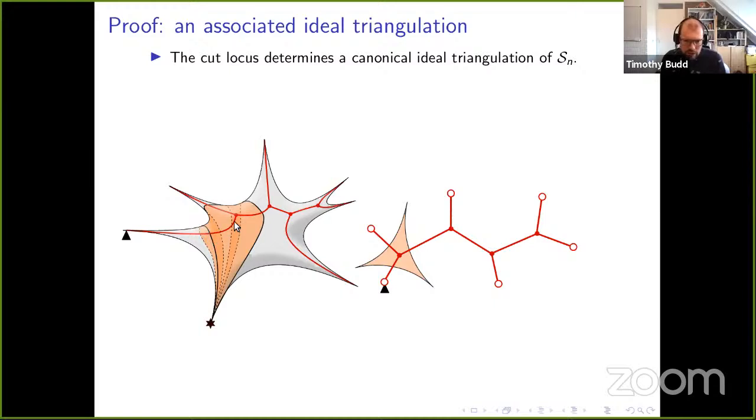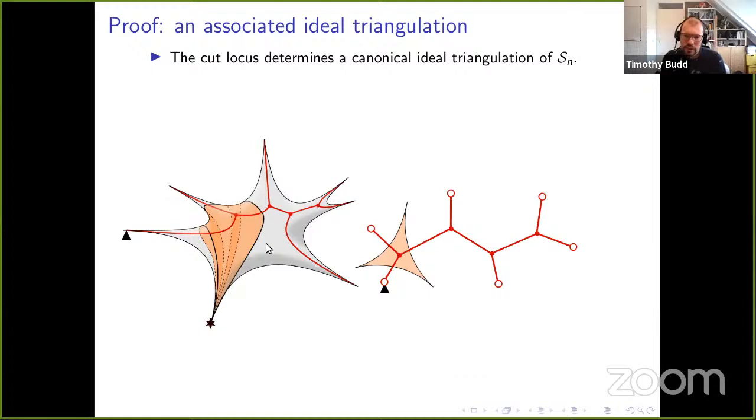The geodesic that is dual, for instance, to this edge of the cut locus, is the geodesic that starts at the origin, intersects this edge, and returns to the origin. So there will be a unique geodesic within this homotopy class. And this is true for all the segments in the tree.